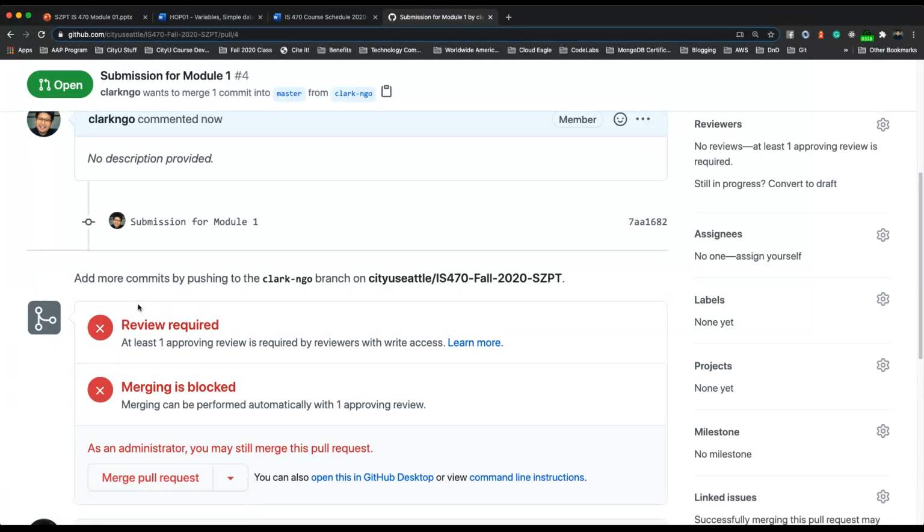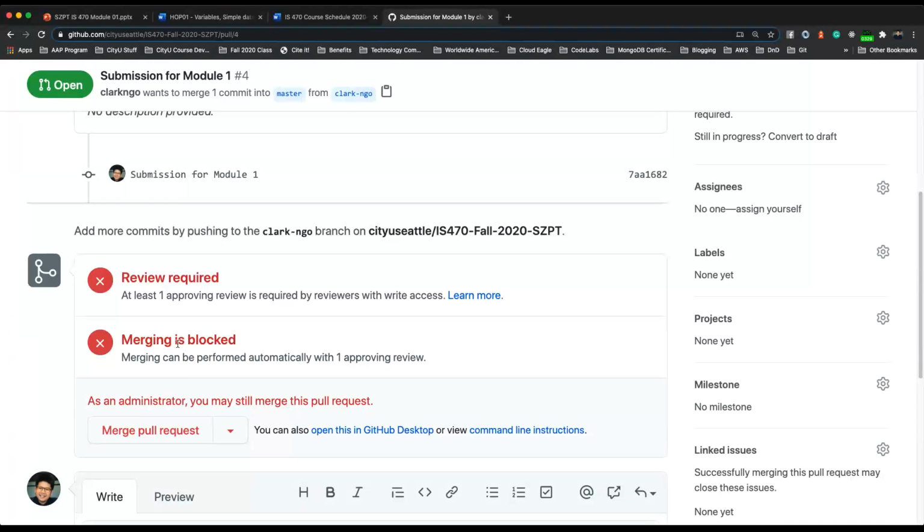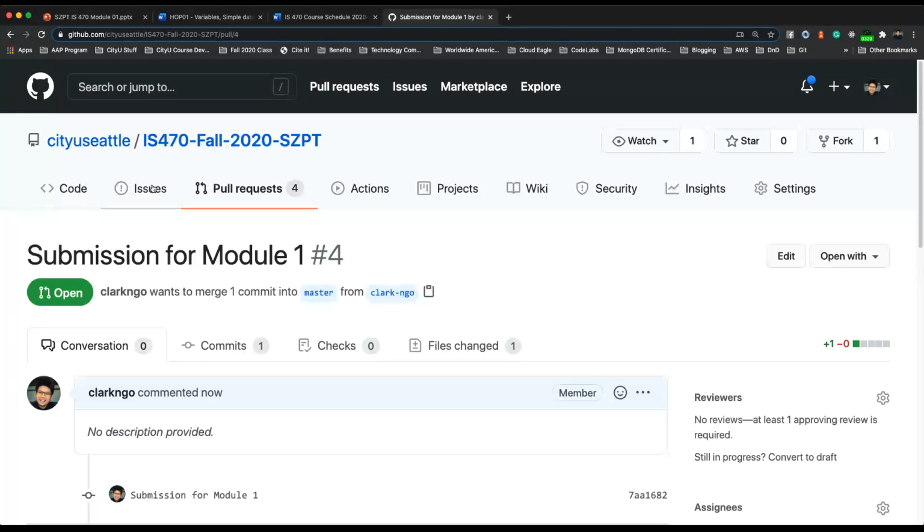Here, everyone should be stopping at this point, and you should not be able to merge pull requests, right? For collaboration, you would definitely first do a code review, and then someone would merge it, okay? But for now, this should be good.